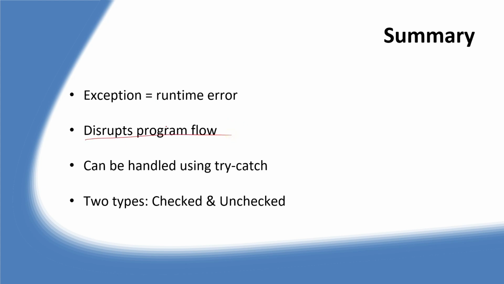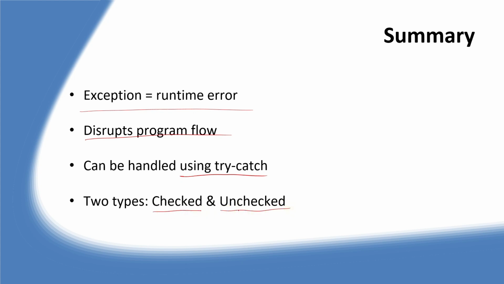An exception is a runtime error, and Java provides an exception handling mechanism using try catch block to manage these situations. We also learned that exceptions are broadly classified into two types. What are those? Checked and unchecked exception.